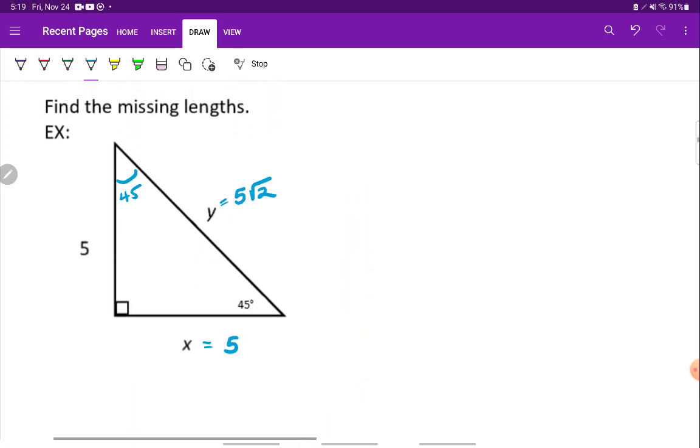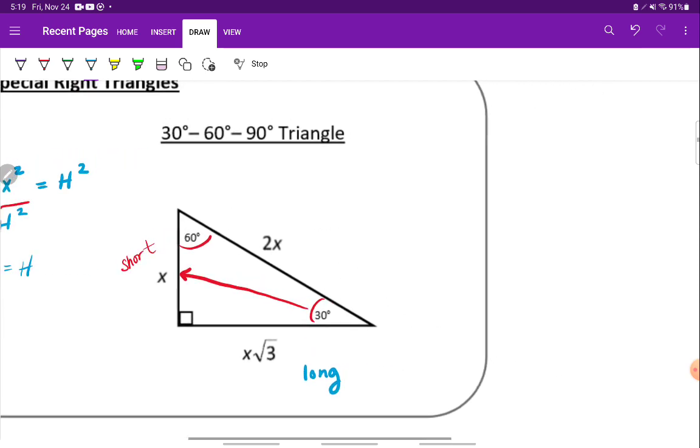Now this one, maybe you need to check your diagram again. It's a little bit harder to remember. But the short side is half the hypotenuse. And maybe you even want to write something like that out in words.